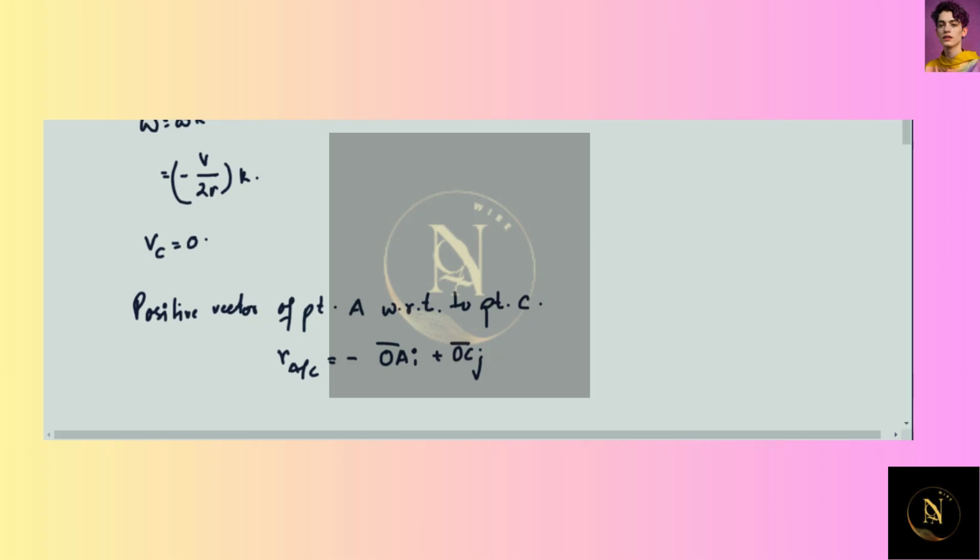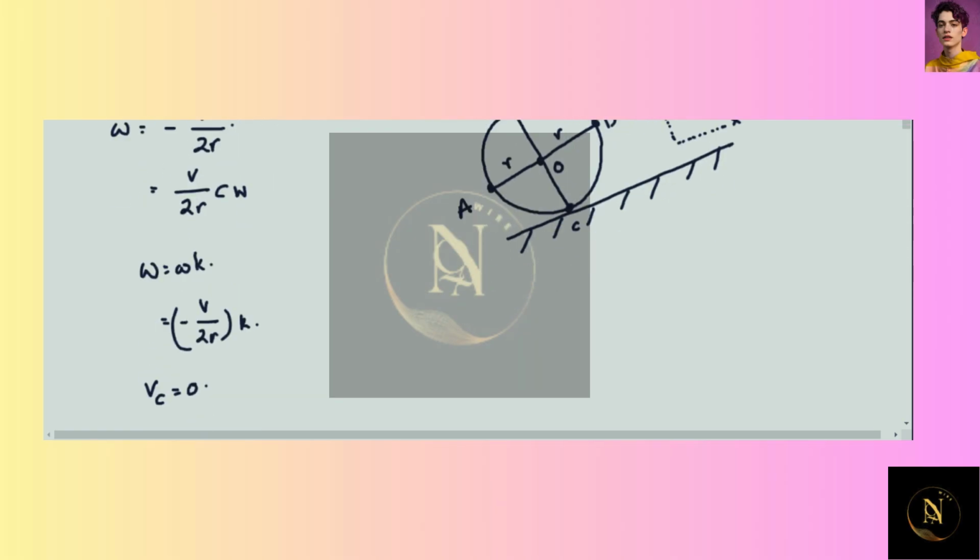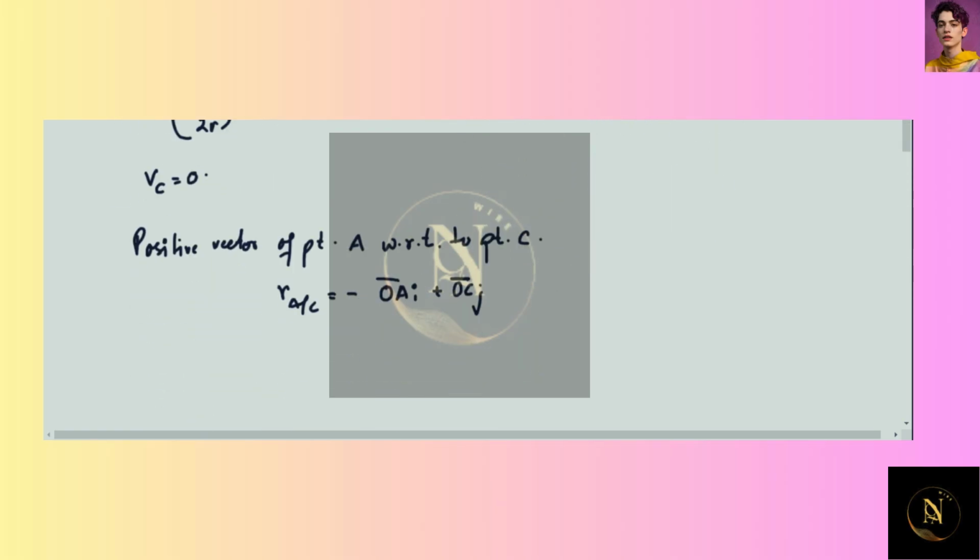Here i is the unit vector in the x direction and j is the unit vector in the y direction. OA is the distance between point O and point A, and OC is the distance between O and point C. So substituting the values of OA, that is minus R i, plus OC j, that is R j.